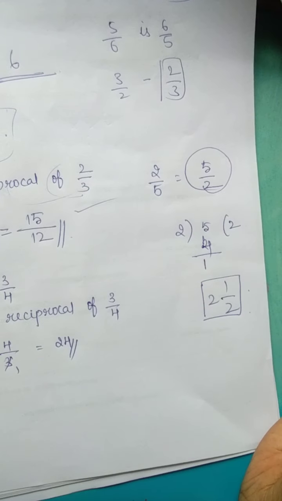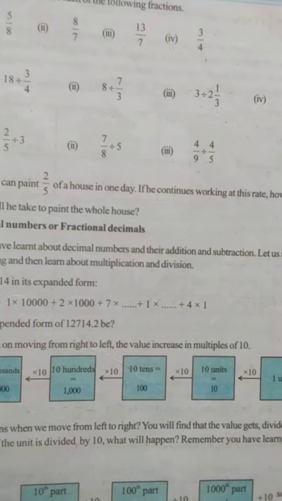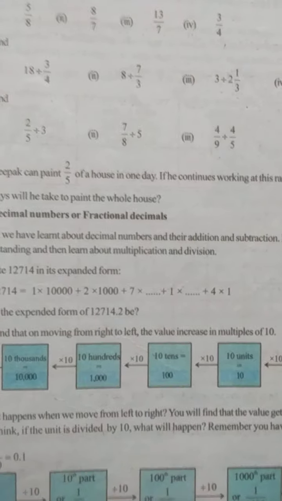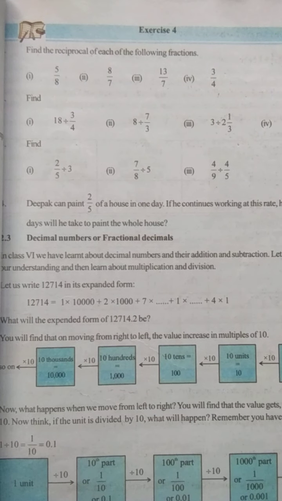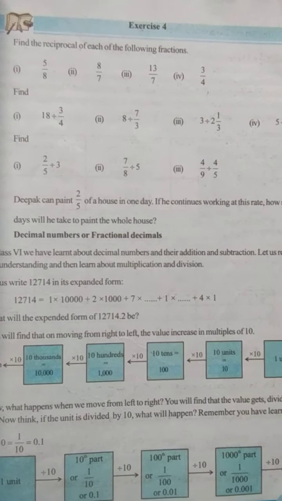Clear? This is your fourth problem. I have told you the procedure, so you have to do it clearly on your own. Try this problem. If you get it, write it down, otherwise I will tell you in the next class.